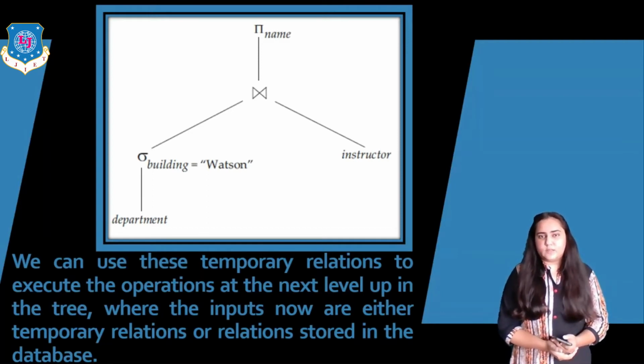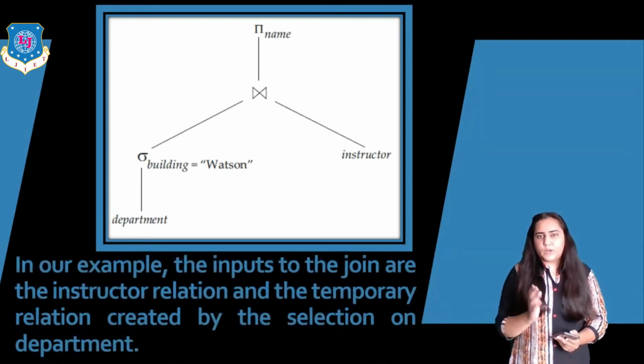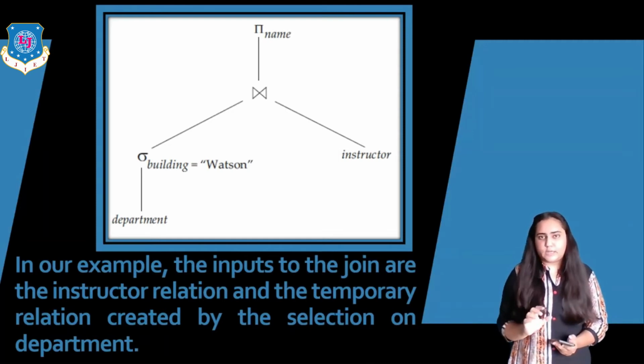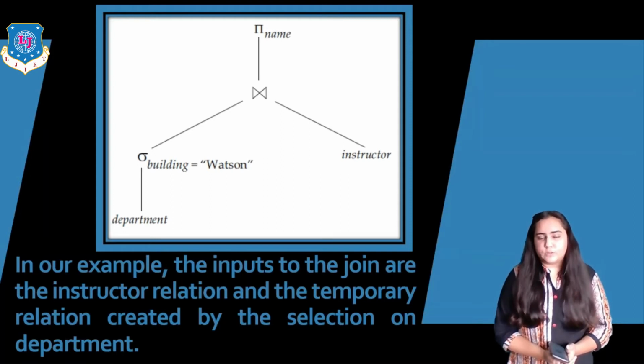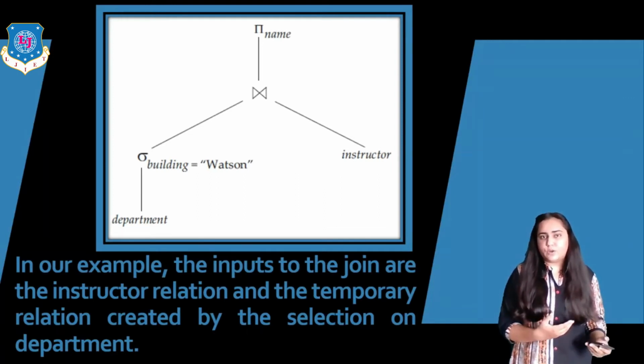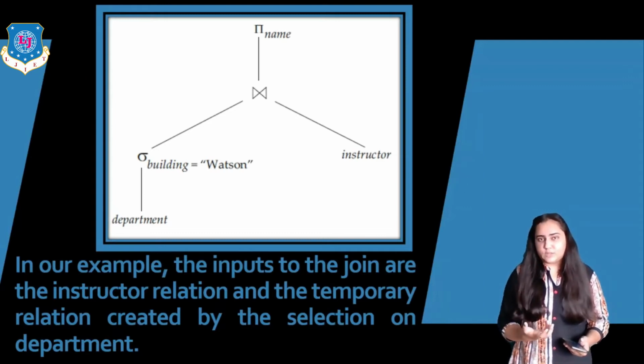Let me explain this a little bit more. In our example, you have here inputs to the join operation, where one input is an actual relation in the database, which is instructor. But the second input going to the join operation is not a table. It is the result of some operation that was performed on an original table. As you can see here, department is an original table on which the sigma building equal to Watson operation was performed.